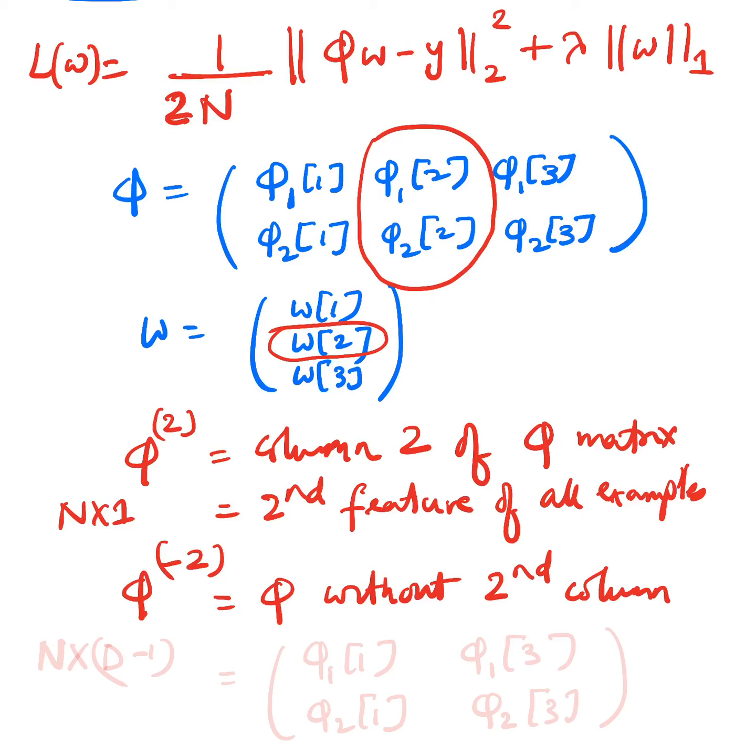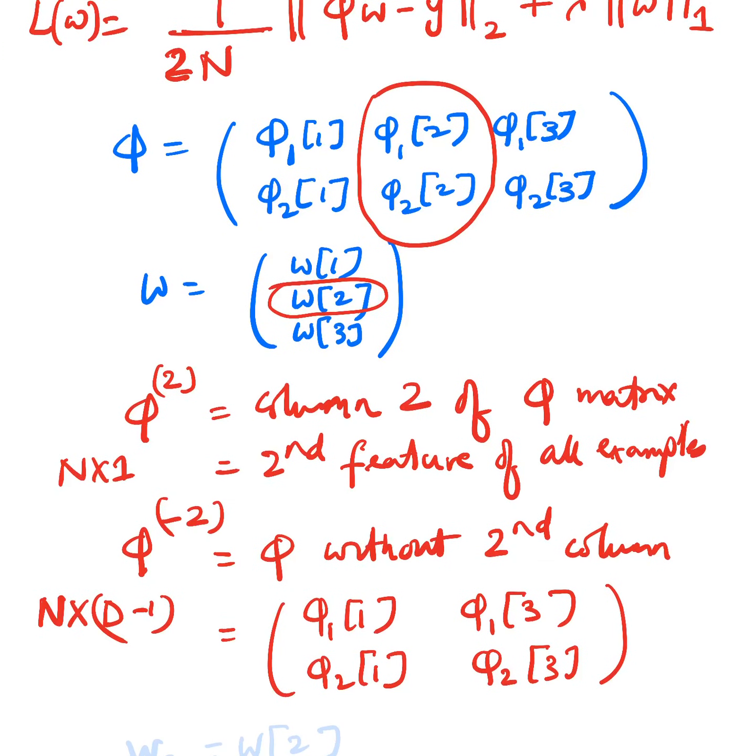In our case, that is phi 1 1, phi 2 1, phi 1 3, phi 2 3. So what's happened? It's n cross d minus 1. I've just eliminated exactly one of the columns corresponding to a particular feature. And let me do the same thing for the W as well.